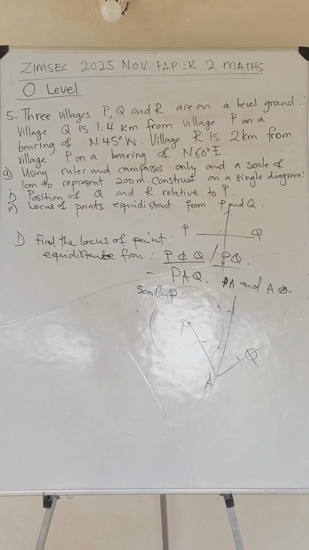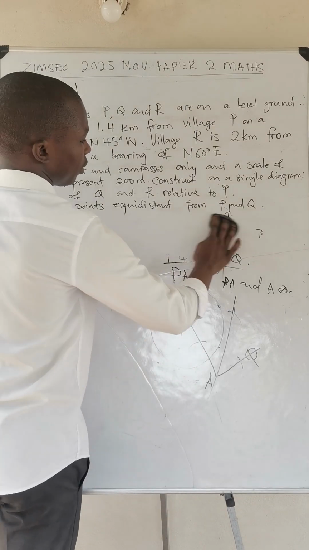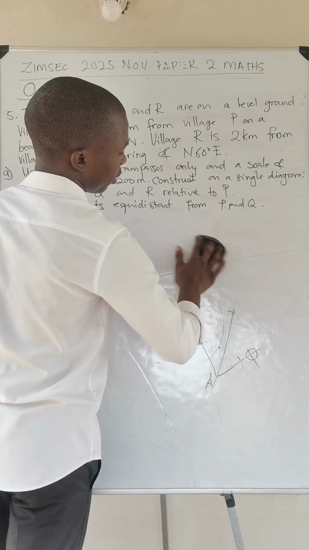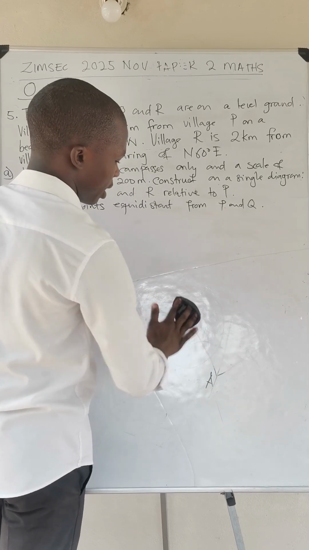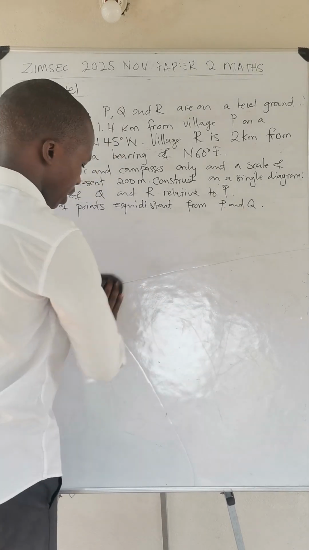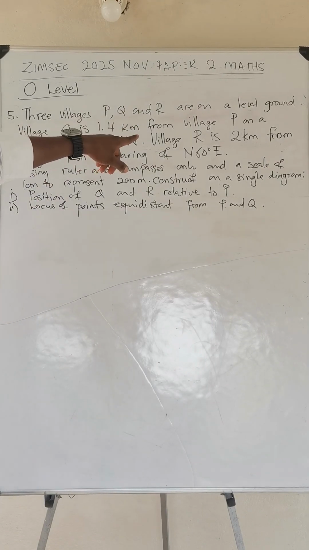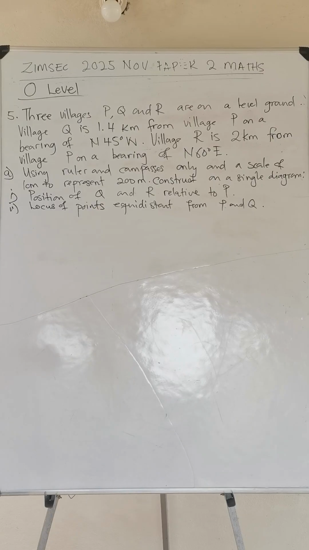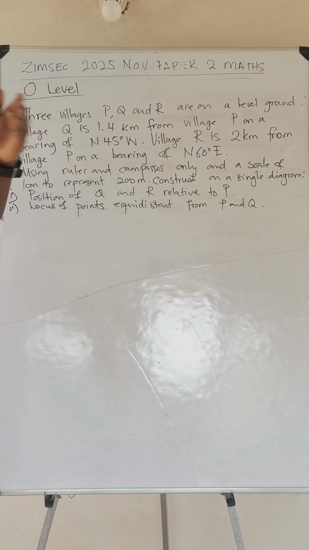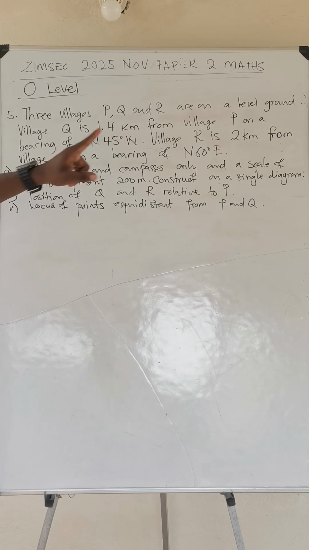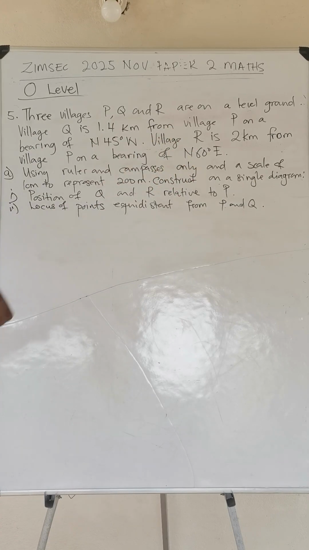Okay, so let's try to tackle this question. Our question says: 3 villages P, Q, and R are on a level ground. Village Q is 1.4 kilometers from village P. You have to read the question slowly and try to understand it.